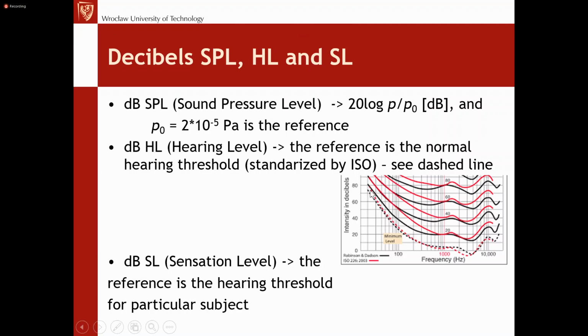So when we make this dashed curved line flat, we get something standardized by the International Standards Organization, the so-called normal hearing threshold, and this is the reference for audiometric measurements.